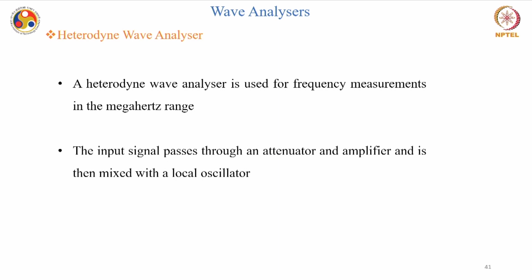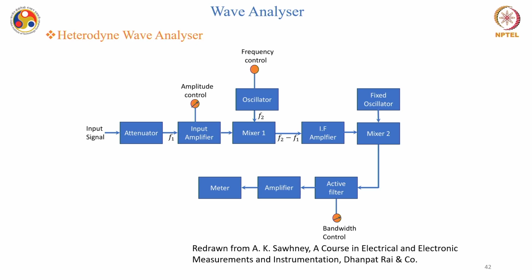The input signal here also passes through an attenuator and amplifier and is then mixed with the local oscillator, and this is a typical block diagram for a heterodyne wave analyzer. You have the input signal, fed into an attenuator, then an input amplifier which is amplitude controlled. Then you have an oscillator and a mixer, which is generating a frequency f2, and you are feeding the signal f1 from here, and this mixer 1 gives you a signal f2 minus f1, which is fed into an intermediate frequency amplifier.